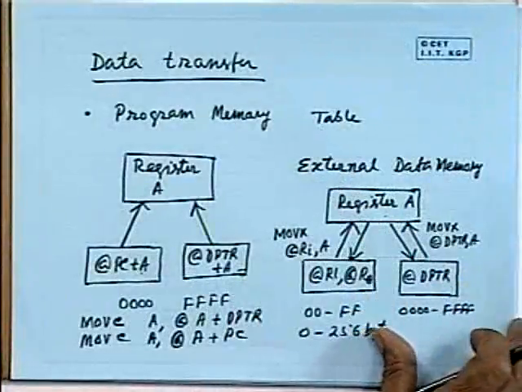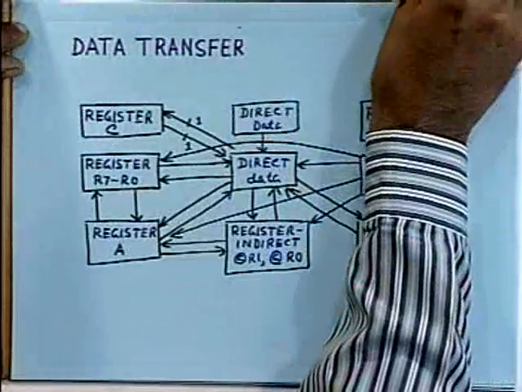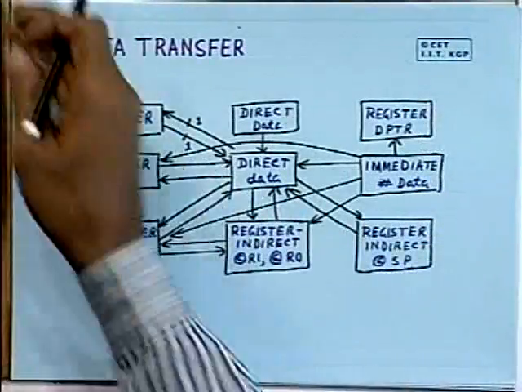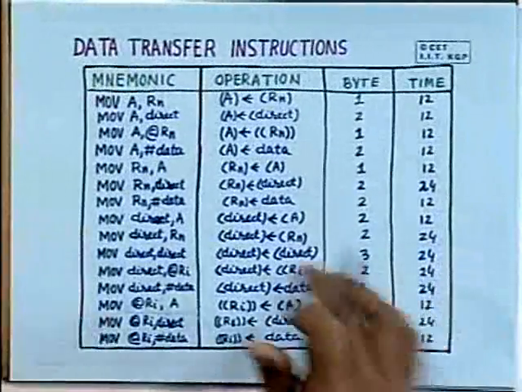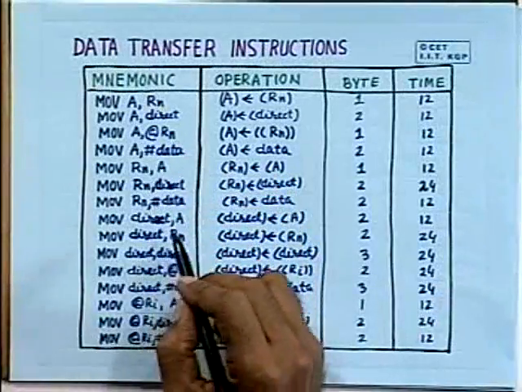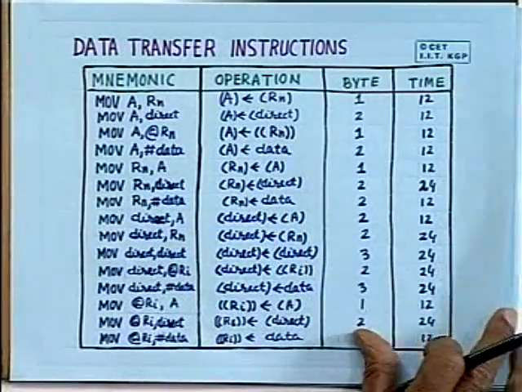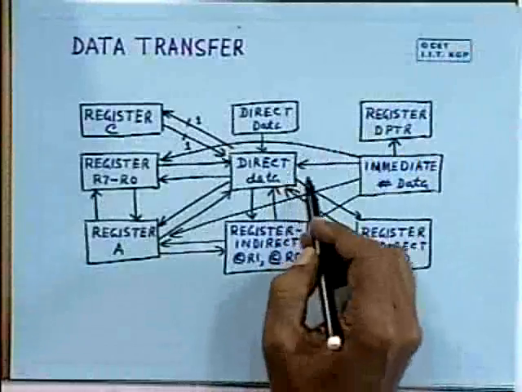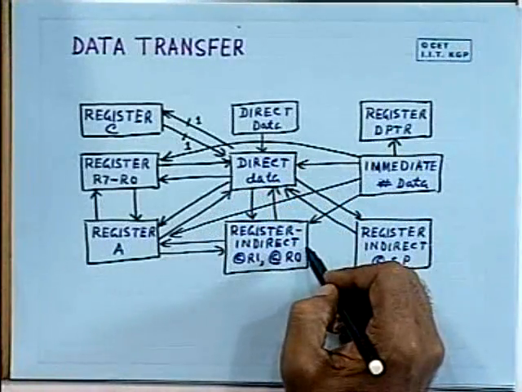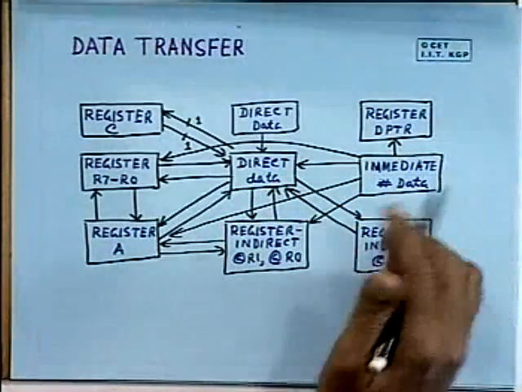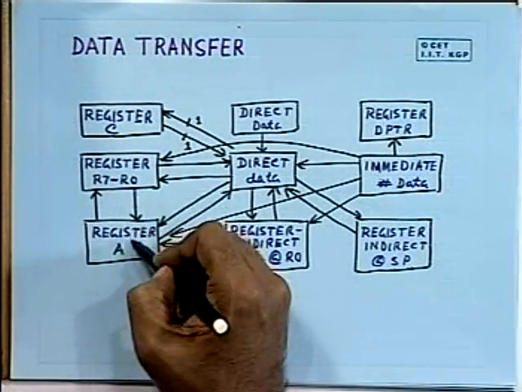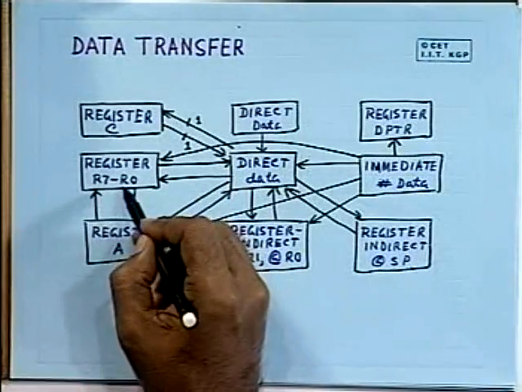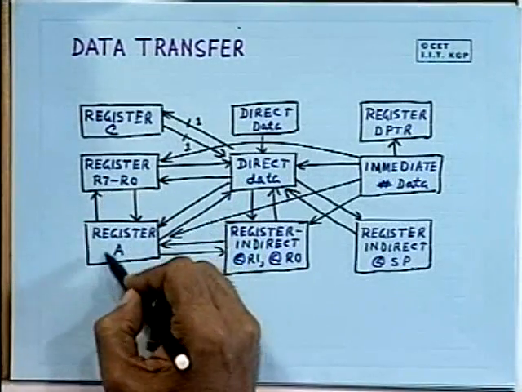Then we discussed the various categories of data transfer that take place from the accumulator and to internal data RAM. And here you see there are varieties of addressing modes available for this purpose. For example, you can transfer data between any register R0 to R7 and the accumulator.